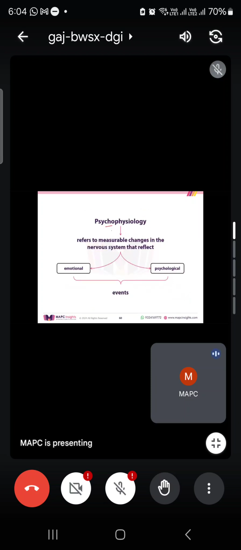The psychophysiology refers to measurable changes in the nervous system that reflect emotional and psychological events. Because of some psychological or emotional event, whatever activities are happening in our brain, those are being measured.